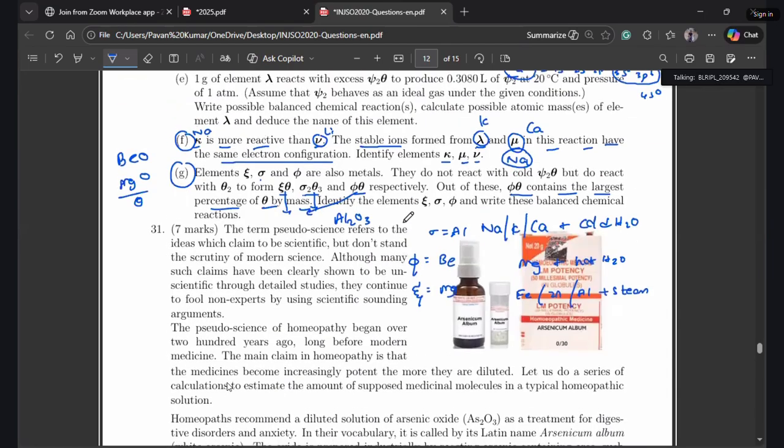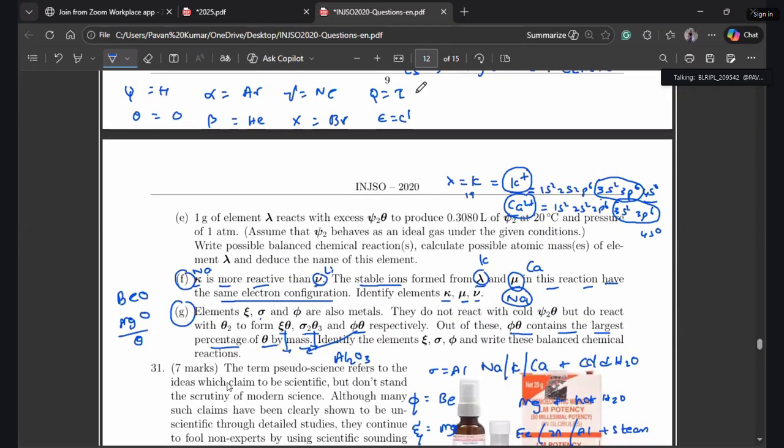Once again, we'll write down these elements here. Those who want, you can copy. Kappa is sodium. Nu is lithium. Lambda is potassium. Mu is calcium. And what are the other elements here? Sigma is aluminium. Next, what is the one more?